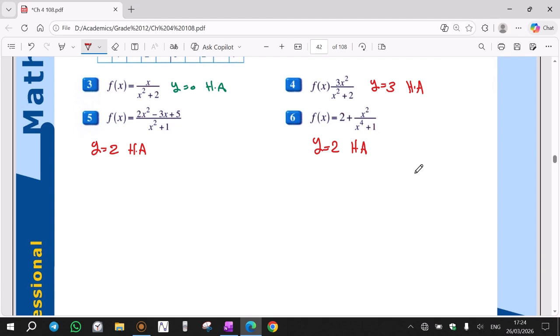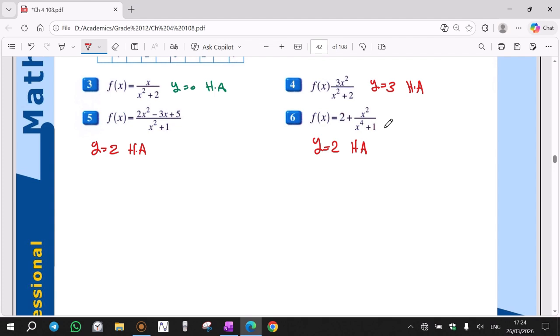I'm going to explain how for number 6, y equal to 2 is horizontal asymptote. First part is a fraction. Horizontal asymptote for the fraction is 0, but this constant, 2 plus 0, is 2. That's horizontal asymptote. That means for number 5 and 6, I cannot make the decision based on horizontal asymptote. Then I go back to point plotting.